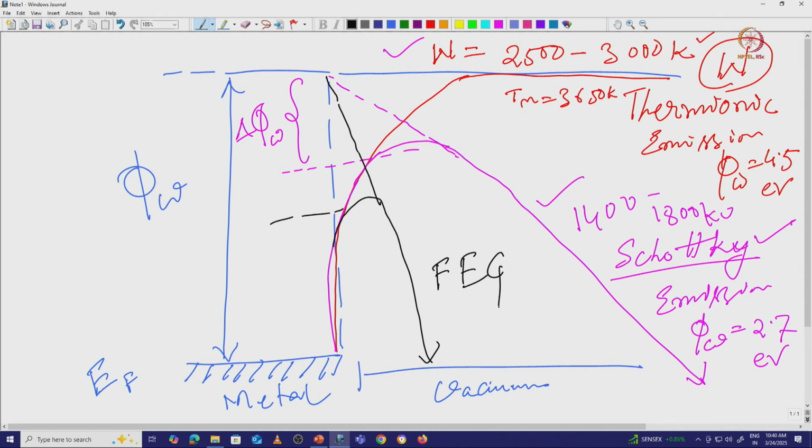We are going to discuss what components we have for Schottky emission as well as field emission, and how they differ from thermionic emission. But if we look here, the work function is much lower for Schottky, and the field emission gun is much better than both Schottky and the tungsten filament, giving us a more coherent electron beam.